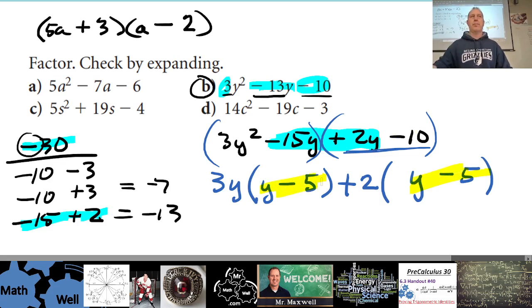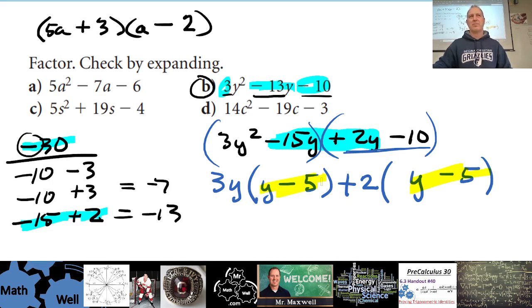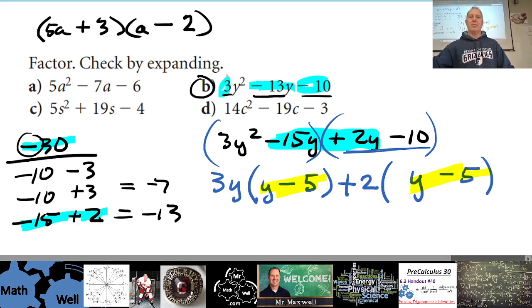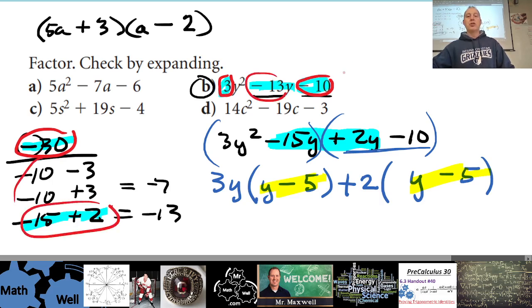Question? Yep. Does it mean that we have to multiply the first number and then the third number like you did for B? Okay, so are you talking about back at the beginning here? Yep, you have to multiply these two numbers to get this number, and that's the one that you have to find the factors for that add up to the middle term. It used to be that we just look at this number.